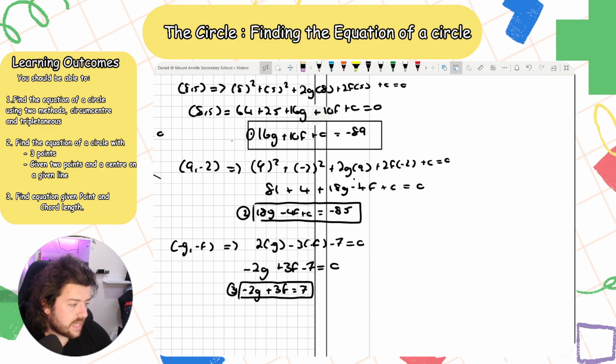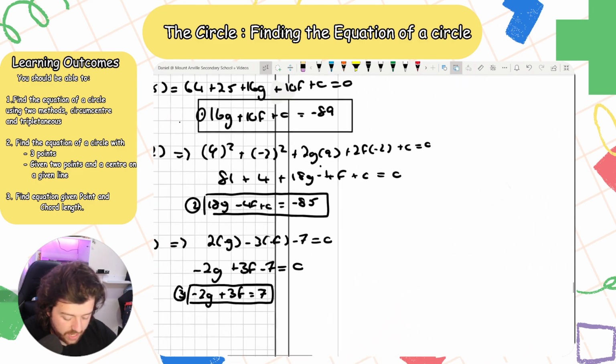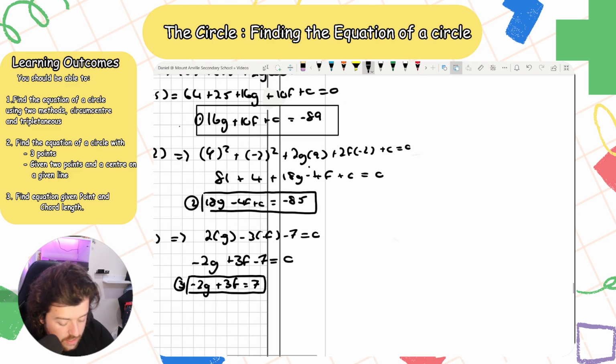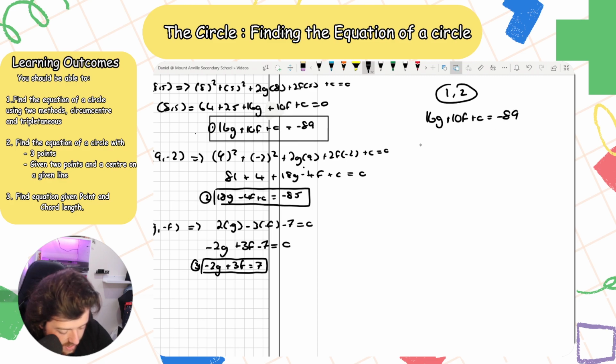So let's ask ourselves now. I have an equation of g and f, and two equations of g, f, and c. So I am going to get rid of c in equations 1 and 2 to get an equation of g and f. I have 16g plus 10f plus c is equal to -89, and 18g minus 4f plus c is equal to -85.